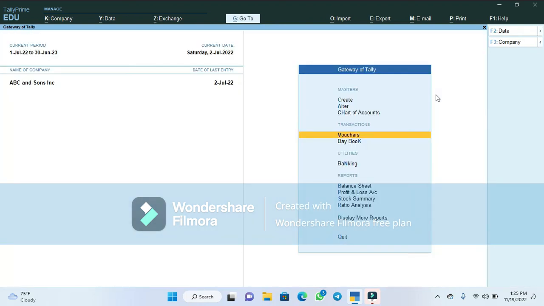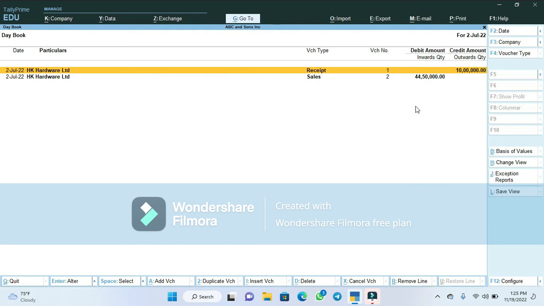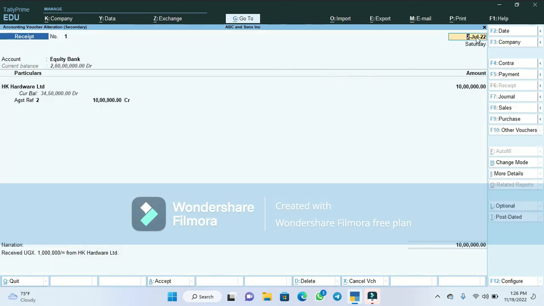Then we escape, gateway of Tally, go to the daybook. To make it more interesting, we are going to see that HK Hardware Limited has a general receipt. We press enter and we change the date to 3rd of July 2022. So the date has refused.